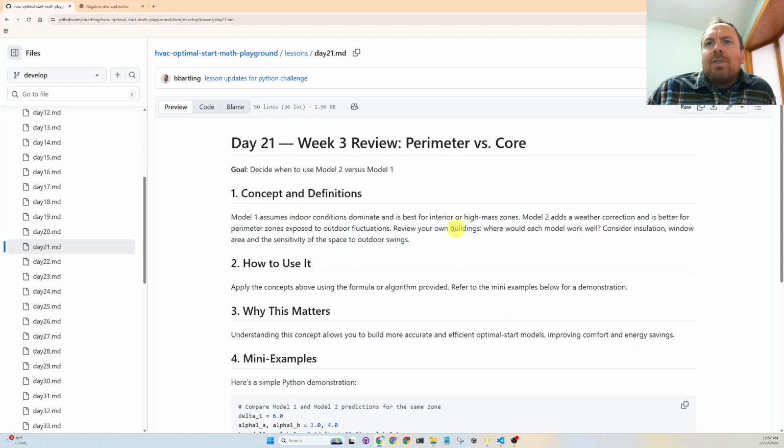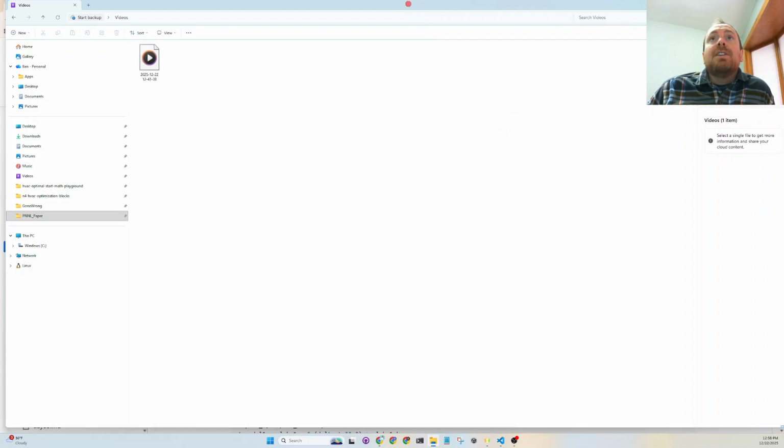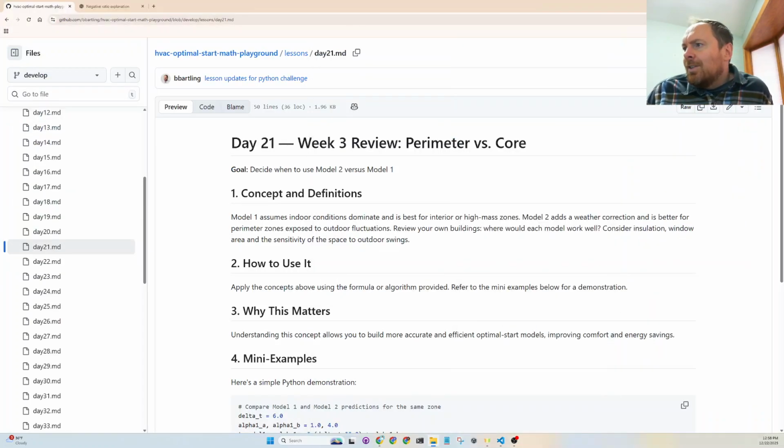Please review your building, so each model works well considering the insulation. Yeah, so we talked about Model 1 just does not factor in outside air temperature, but uses the quadratic regression for its model, and then Model 2 was what we talked about this week. So it almost makes me think of, I might actually see if I can find a picture file.